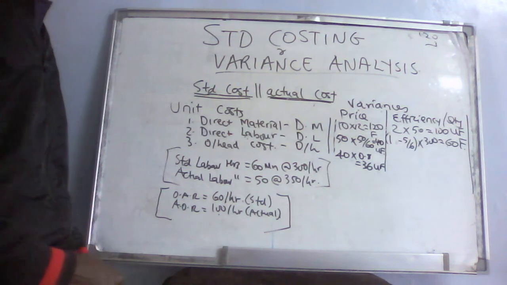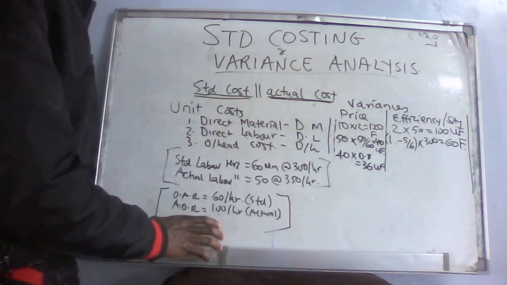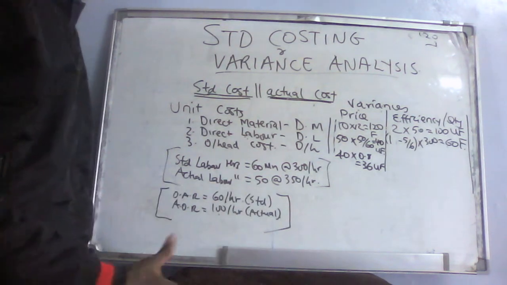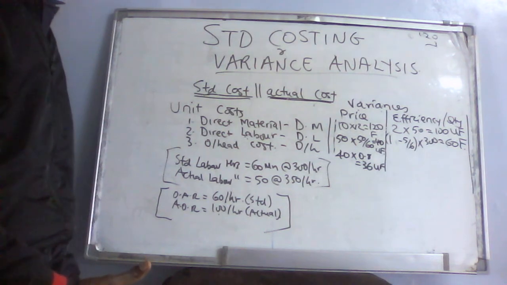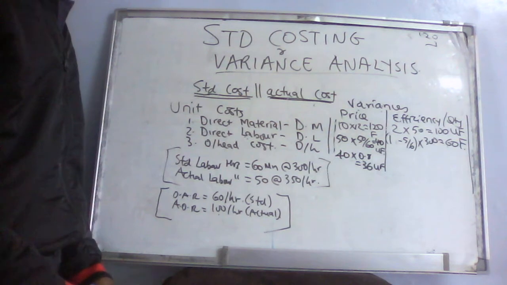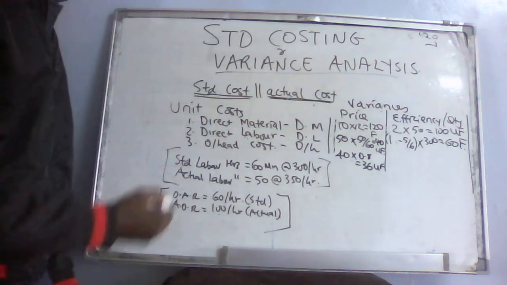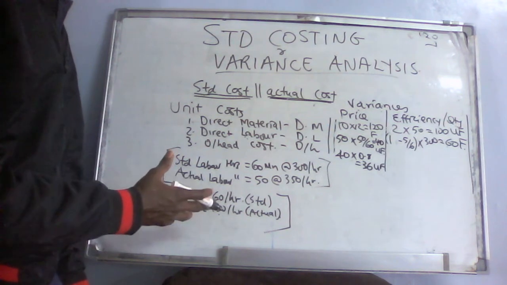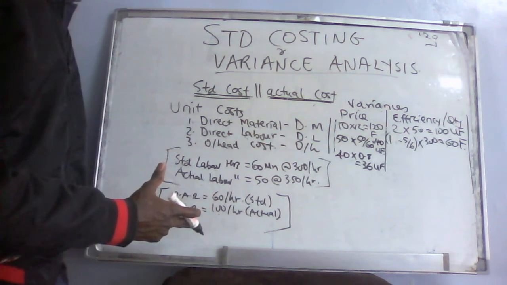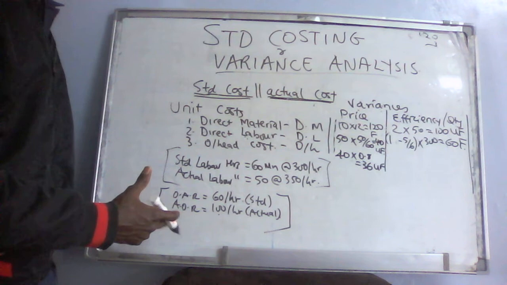Now we go to the overhead efficiency variance. Since overhead is absorbed based on labor hours, then have we been efficient in using our labor hours?